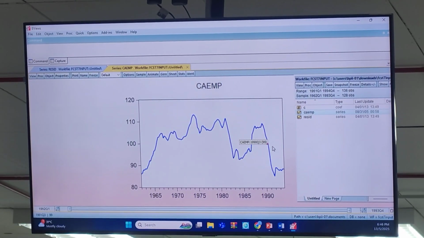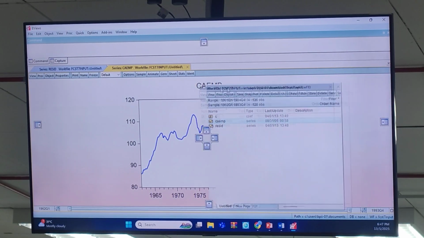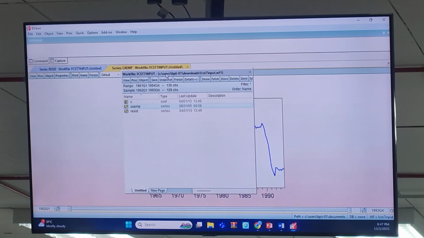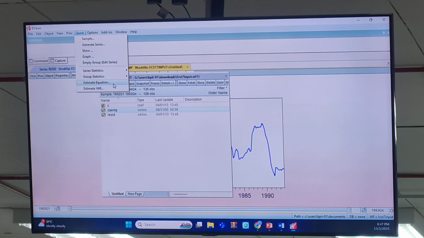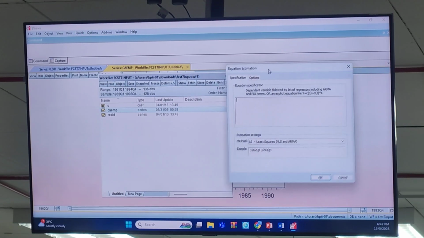That's why you need to make sure the series is stationary. Do not use data that has a trend. We need to have a stable mean. So, estimate a model: quick, estimate equation. How to estimate a model?